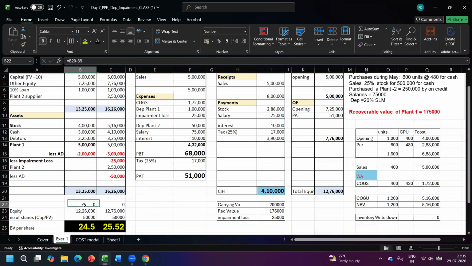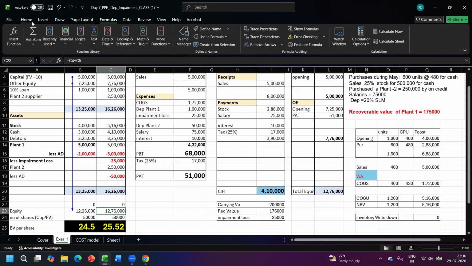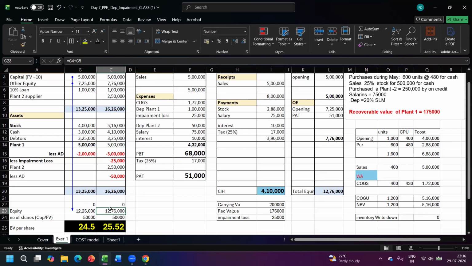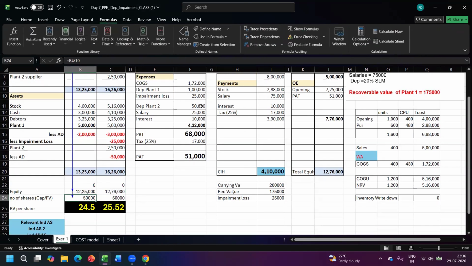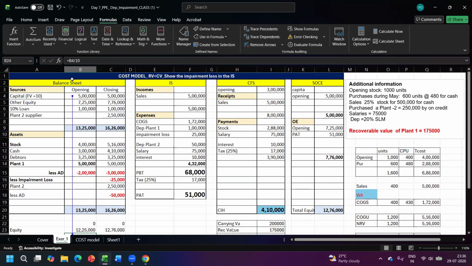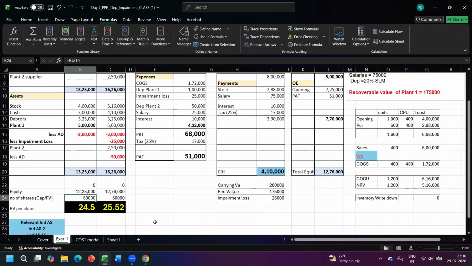But at the same time, let us also observe the equity of the company. The equity of the company, capital plus other equity, increased from 12 lakh 25,000 to 12 lakh 76,000. The number of shares is 50,000, which is capital divided by the face value of the share. And that will give us an interesting number called book value per share. The book value per share is also called equity per share.